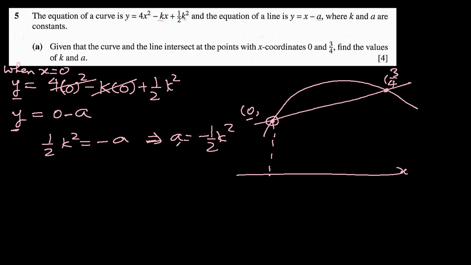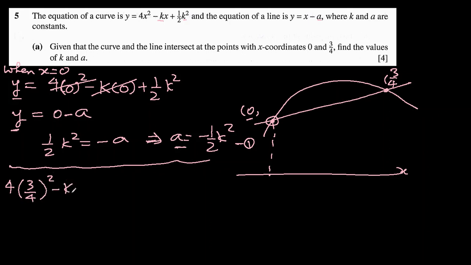Okay, so we'll substitute this a in the second equation. This is the equation number 1. All right, now we'll substitute 3/4. So 4 multiplied by 3/4 square minus k times 3/4 plus half k square, same half k square, is equal to, now I will substitute here also 3/4 minus a.